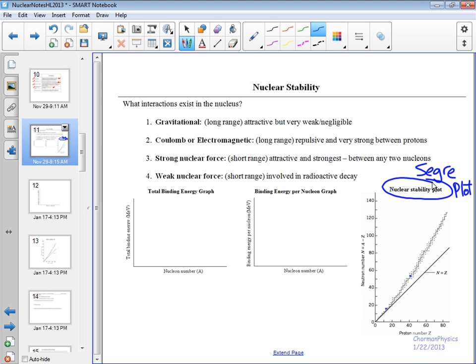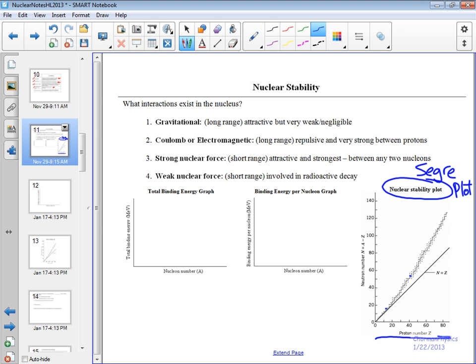And you see that on this line where the number of neutrons equals the number of protons, we have a departure as we get up into the higher elements on the periodic table according to atomic number, that it skews over here so that there are more neutrons than protons. And the reason for that is that you need more neutrons to help keep everything together. There's a few paragraphs written in your packet there that you can read about that.